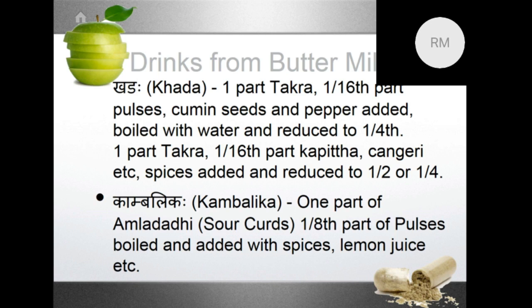There is another type of drink which is made with 1 part of sour curds, 1/8 part of pulses, spices and lemon juice is added. That is called kambaliga. So these are 2 additional drinks which are given after the patient's digestive fire has increased and is beginning to take solid foods.